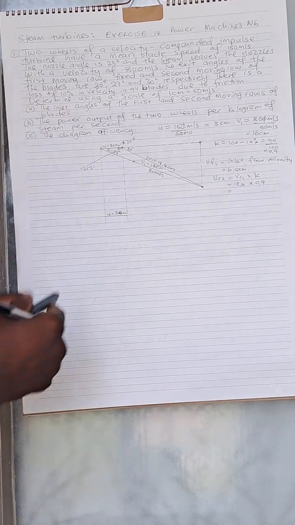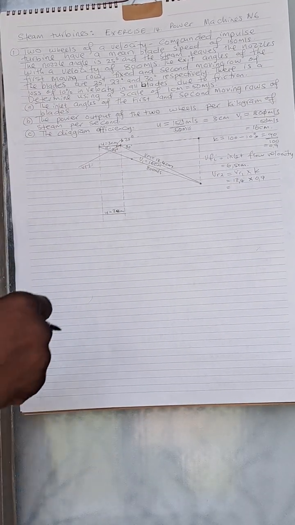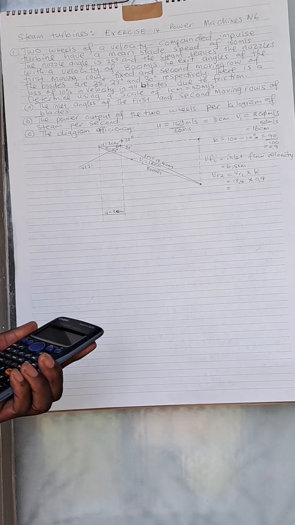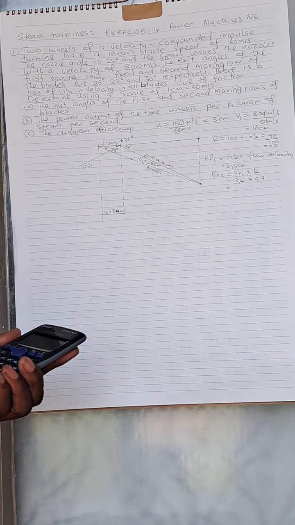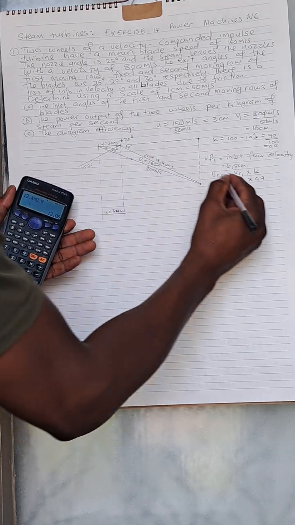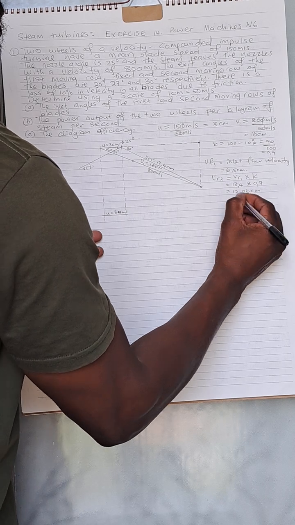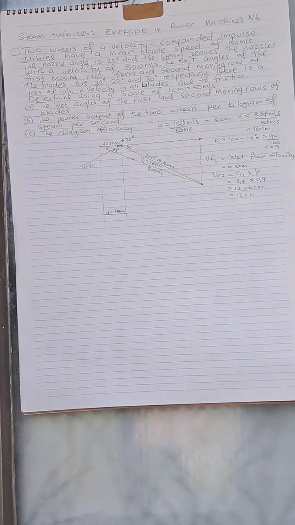So let's get our relative exit velocity for the first stage. So it's 13.4 times 0.9. I'm getting 12.06 centimeters. So in essence, we are just going to measure 12 centimeters.